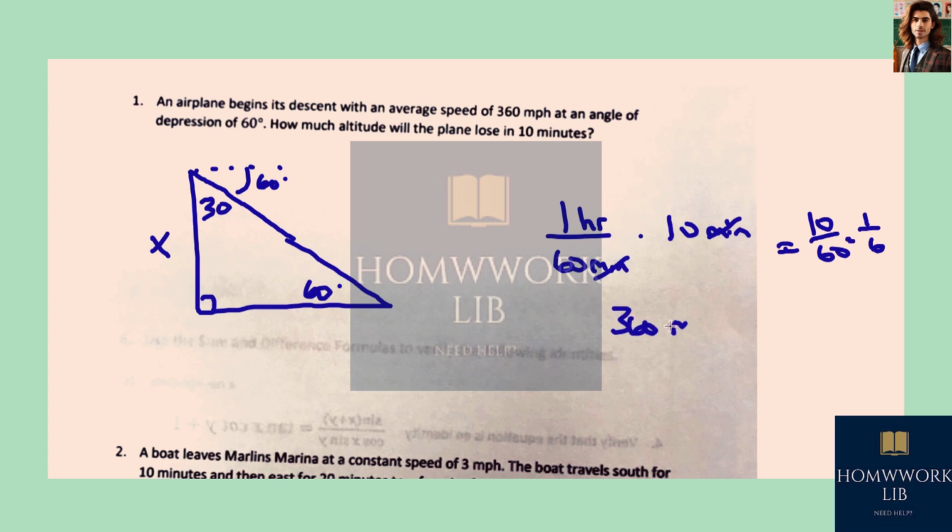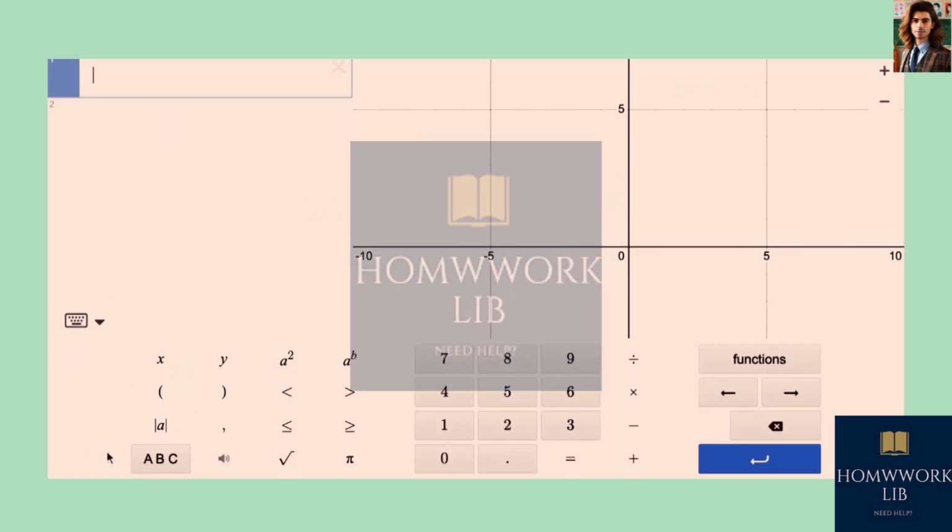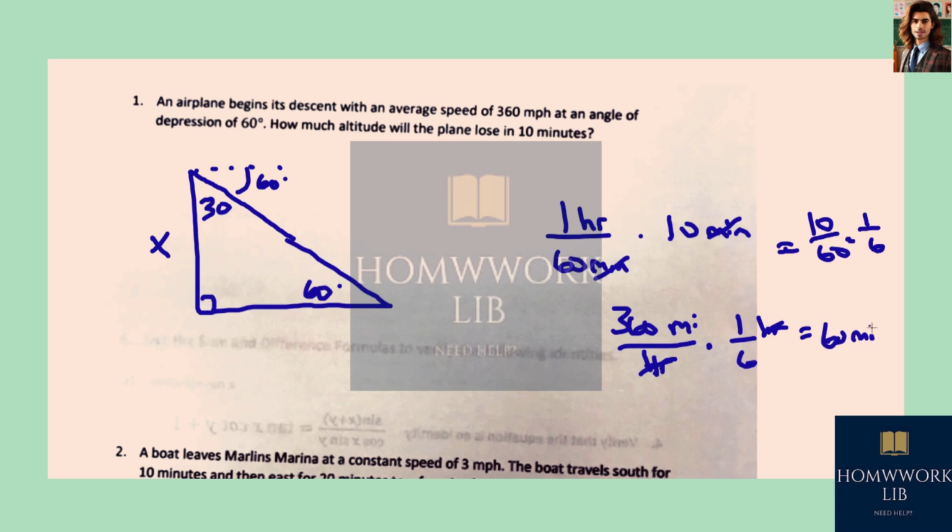And if it goes 360 miles in 1 hour, and it's going 1/6 of that in 1/6 hours, then it will have gone 360 divided by 6, or 60 miles in 10 minutes.